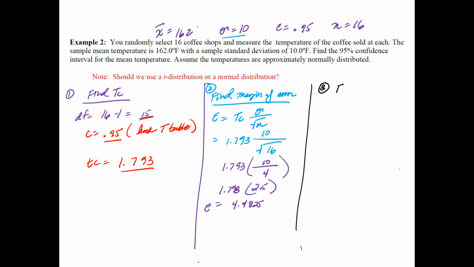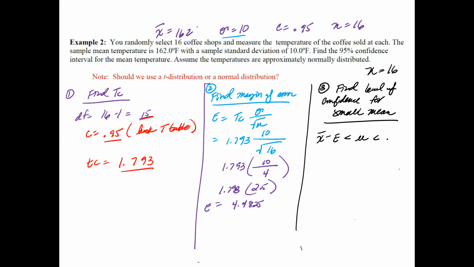The third thing is you need to find the confidence interval for a small sample, because remember you have only 16 coffee shops, and that's less than 30. That's when x bar minus E is less than mu, which is less than x bar plus E. So let's do that.